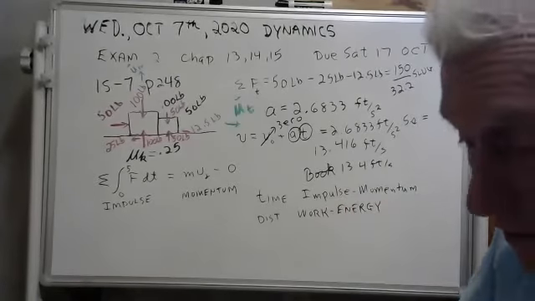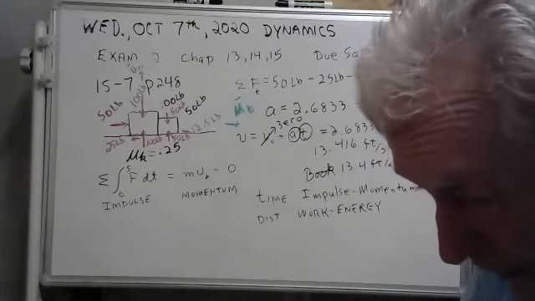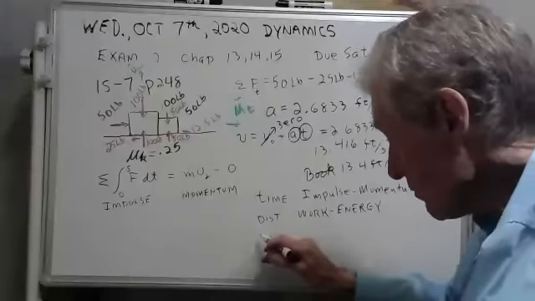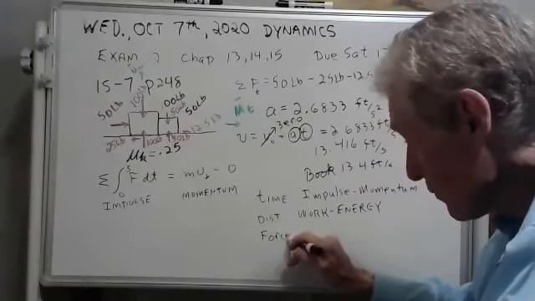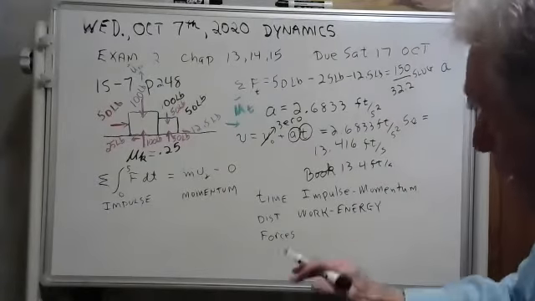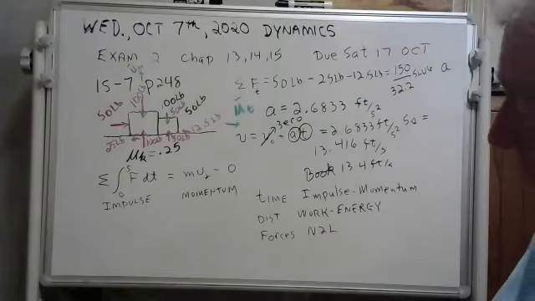Now you understand that all these methods work, you get the same answer, it's just easier that way. Now, if they don't give you the time and they don't give you the distance, but they tell you about the forces, or you can get the forces, they give you the masses and gravity or whatever, then you'd want to use the Newton's second law method.